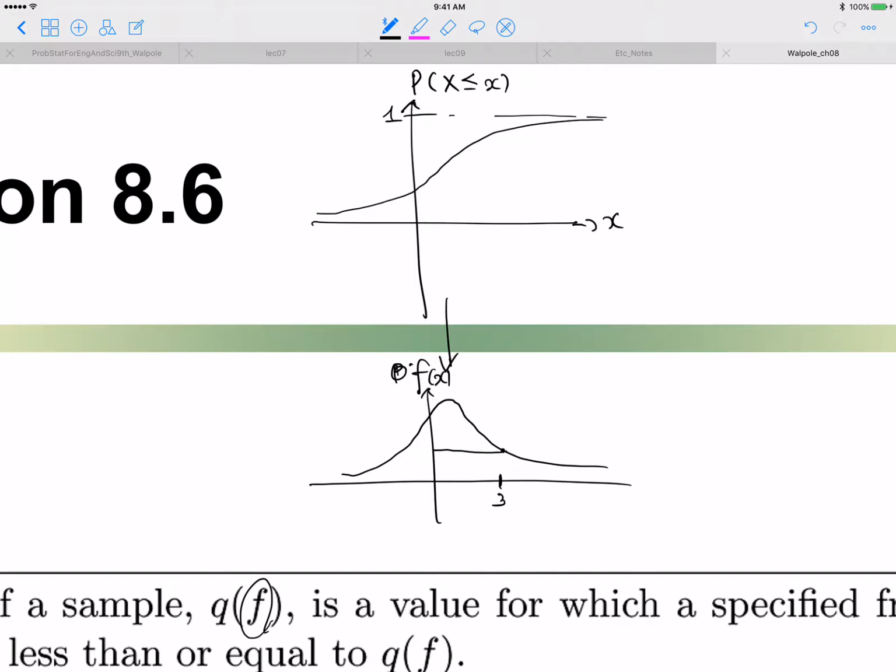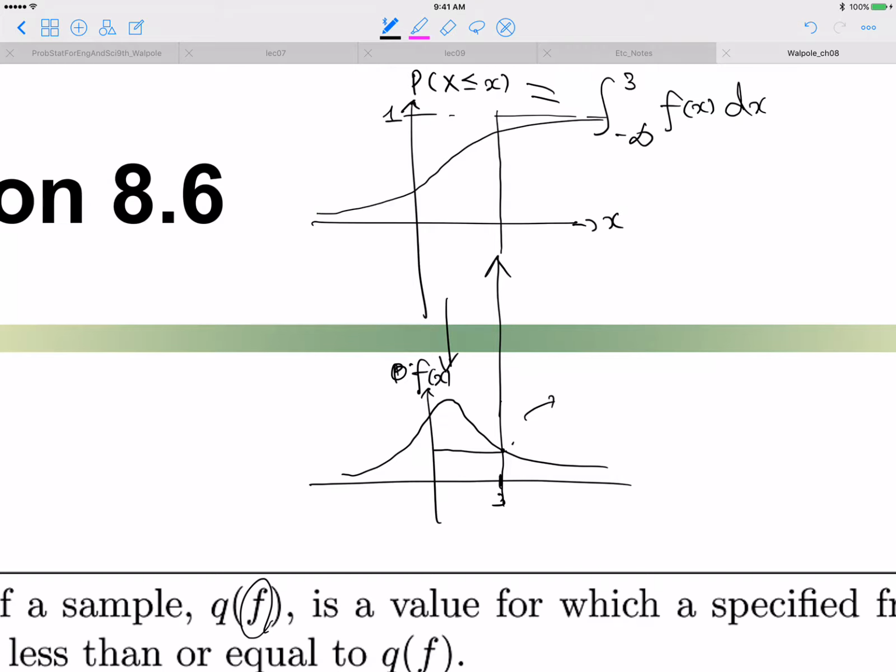in this case, we consider this probability density function, and from this function, we obtain this CDF in this form. So this is defined as this guy. From minus infinity up to 3, we consider this integral.